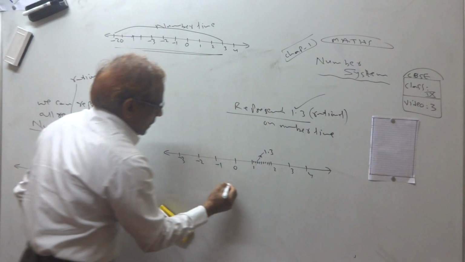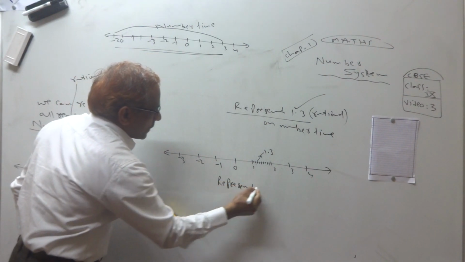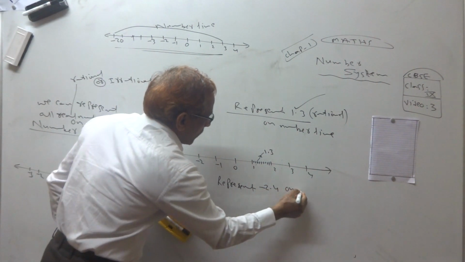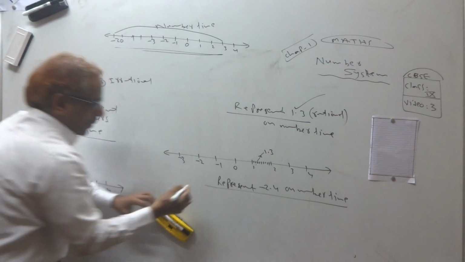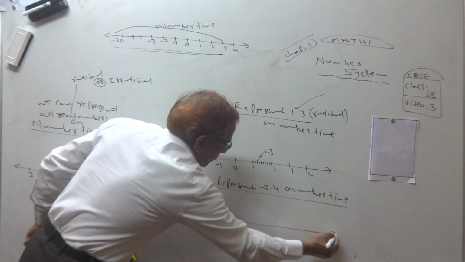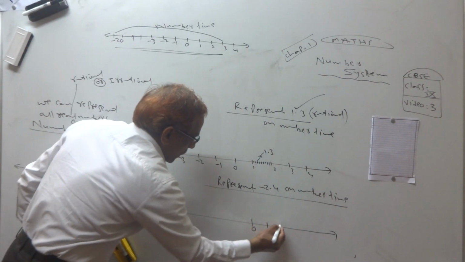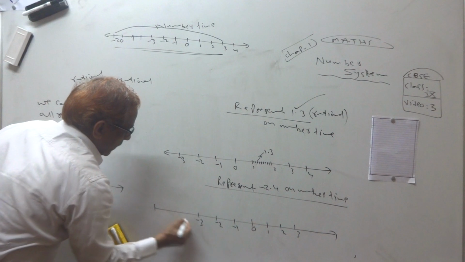Okay. Suppose I want to represent minus 2.4 on the number line. So how do you represent this? Minus 2.4 on a number line. Yes, see, this is 0, 1, 2, 3, minus 1, minus 2, minus 3, minus 4.